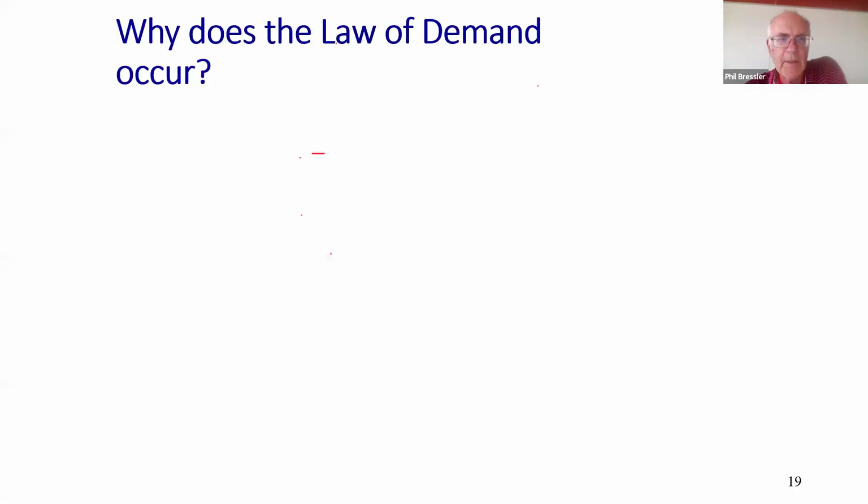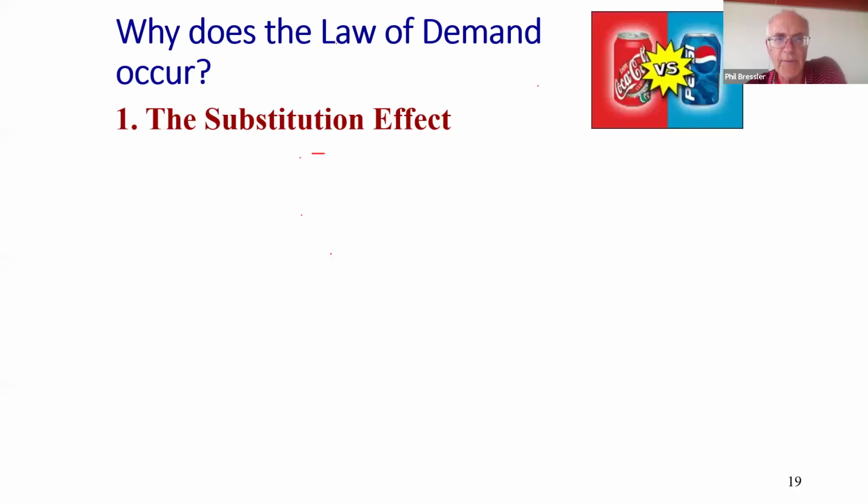All right. So substitution effect. Well, if the price of Coke goes up, people tend to go and buy some Pepsi. Not everyone. Like there are people like me who only really want to drink Coke, but a lot of people will.